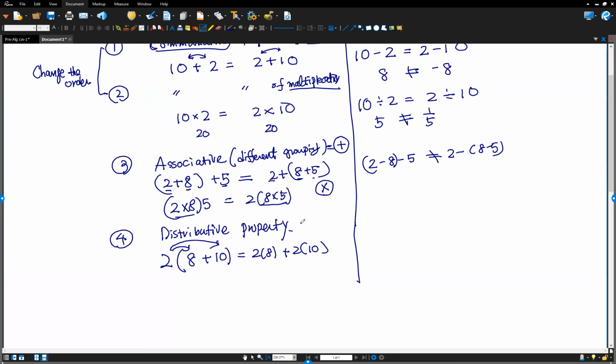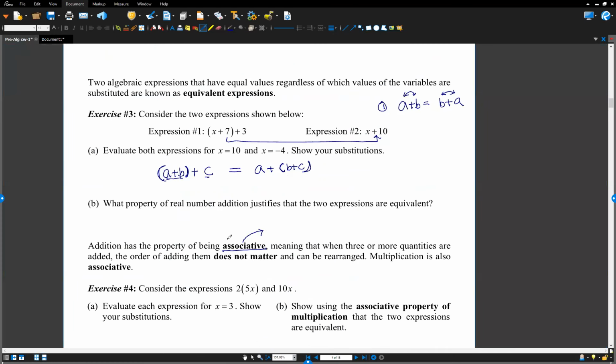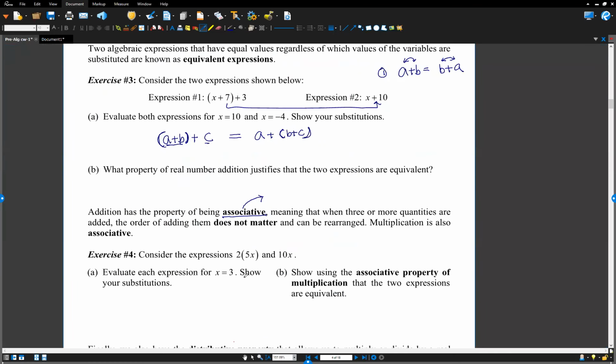This is over addition. But it is working too with subtraction: 8 minus 10, 2 times 8 minus 2 times 10. This is over subtraction. This is the distributive property. Inside can be positive or negative, it doesn't matter. This is a property of operations.